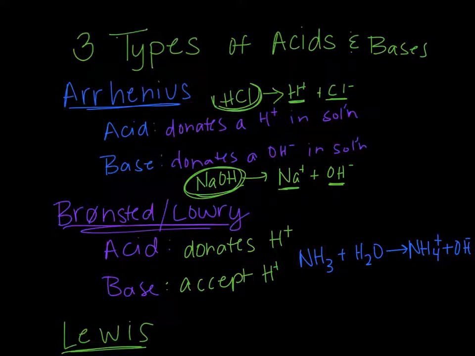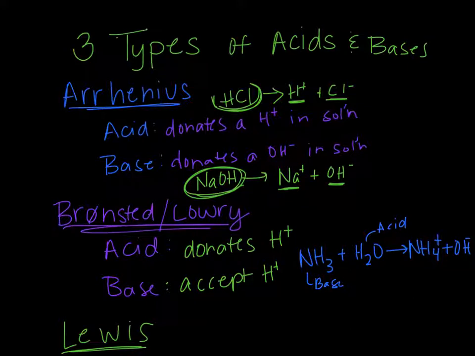Ammonia here, going from here to here, has accepted a hydrogen ion, and so that's a base. And water, on the other hand, has lost a hydrogen, and so that's an acid by Bronsted-Lowry definitions.